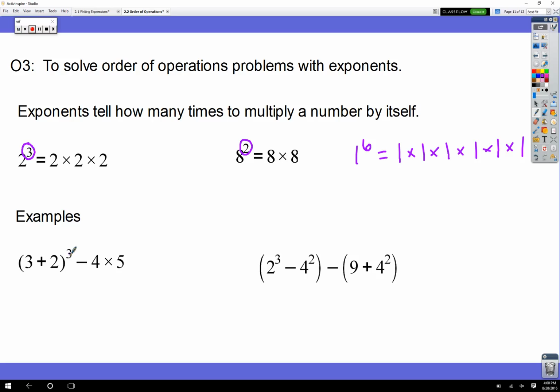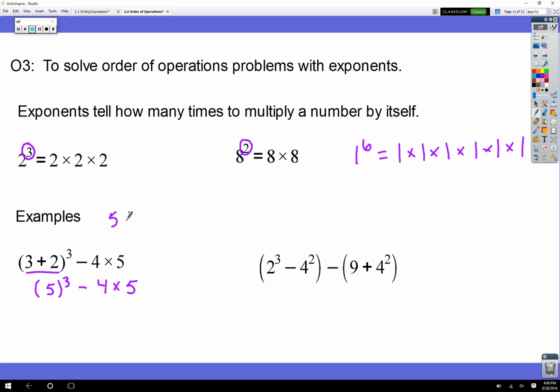Okay, so before we can do our exponent, we have to do parentheses. So in this example, I'm going to add 3 plus 2. I'm going to keep it inside parentheses. I really don't need to in this case, but I'm going to go ahead and do that. Minus 4 times 5. Okay, now I'm going to do the exponent. This means 5 times 5 times 5.